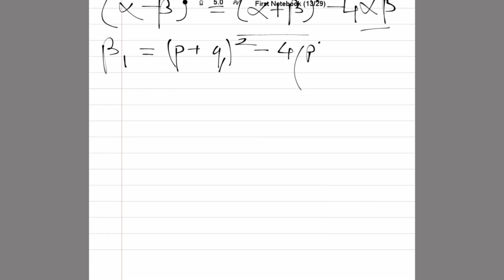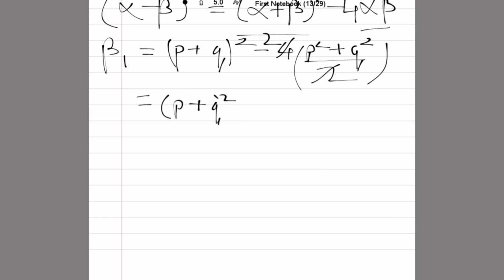Now that 2 and this 4 will get cancelled and it will become 2. So that is p plus q whole square minus 2 into p square plus q square.